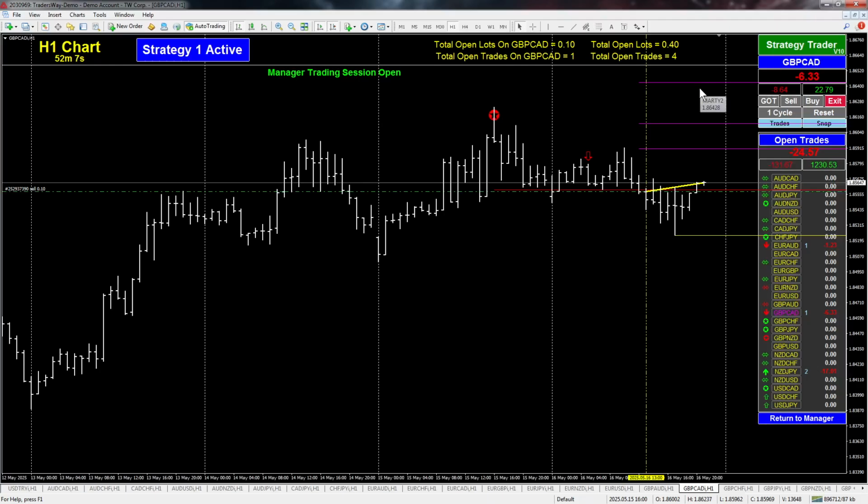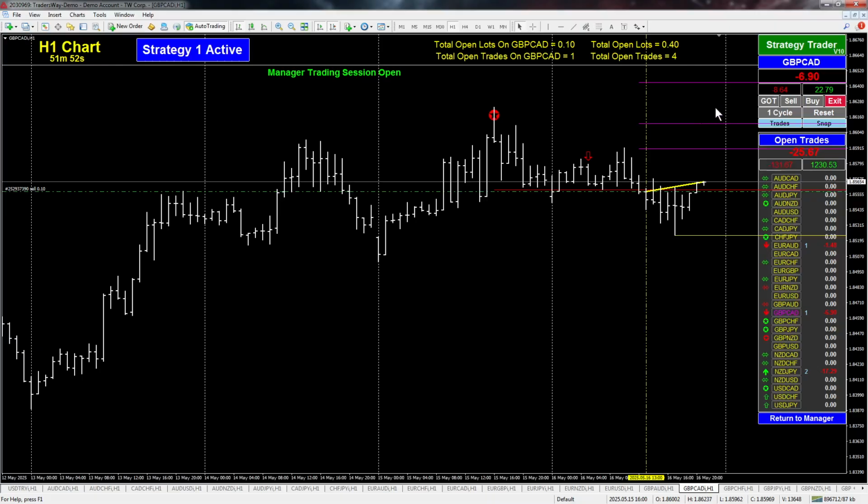But as soon as you start pulling down, because this one is a 0.3 lot, you start getting down here, you will start going positive without having to go past your original entry.